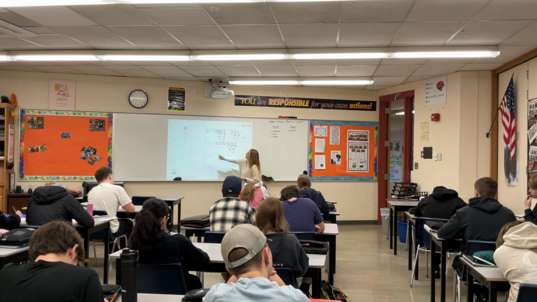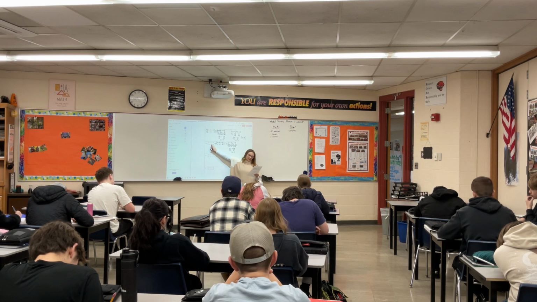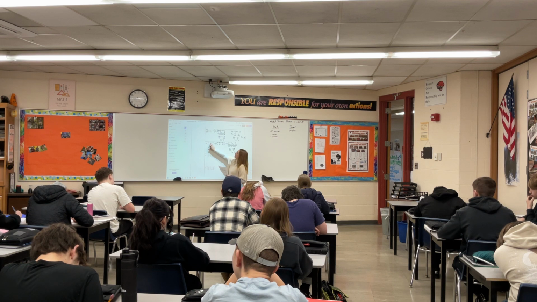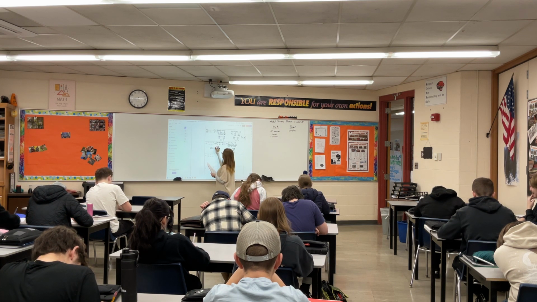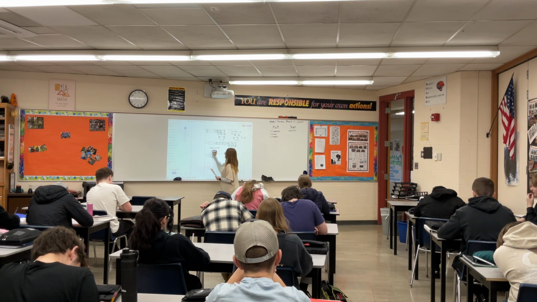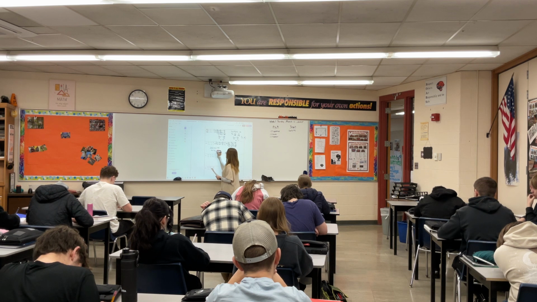Now that I have my x, I can plug it back into one of my original equations to get my y. So I'm going to plug it back into my top one here. So I have 2 times 3 equals 4y plus 18. That gives me 6 equals 4y plus 18.